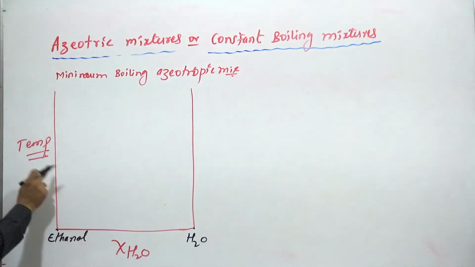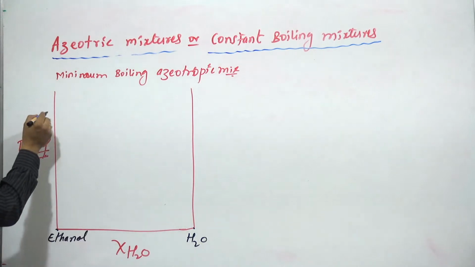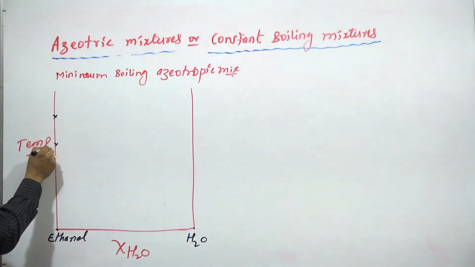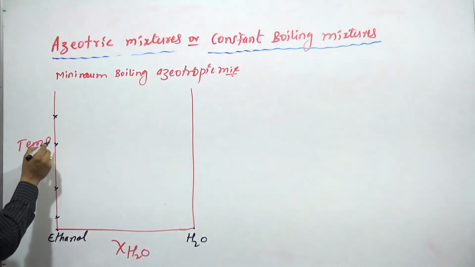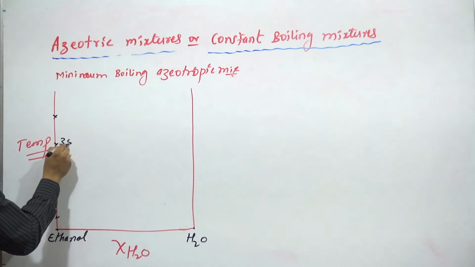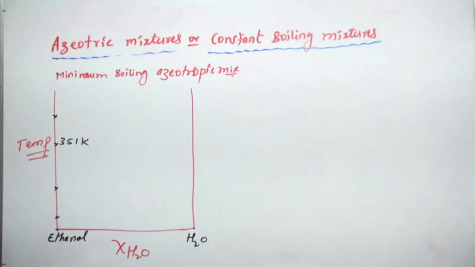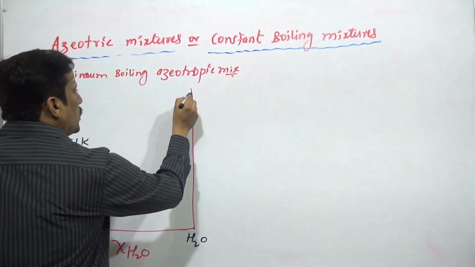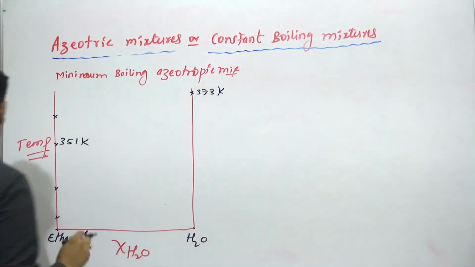Mole fraction versus temperature. We know that ethanol boils at a temperature of 351 Kelvin, and water boils at 373 Kelvin.